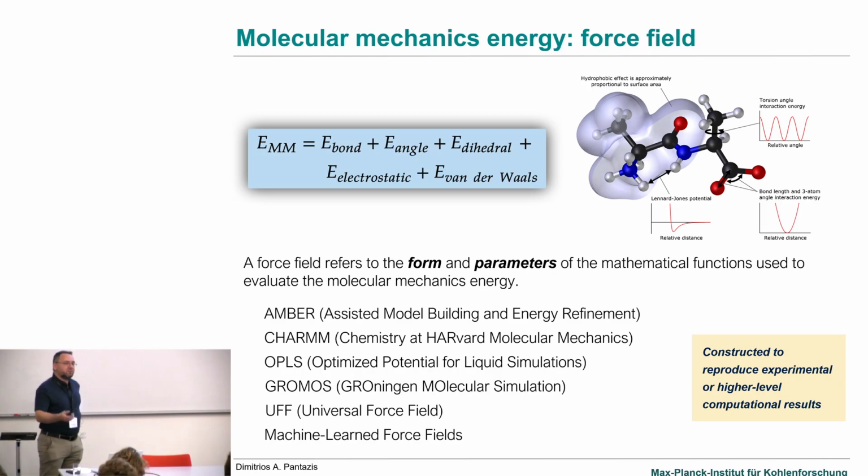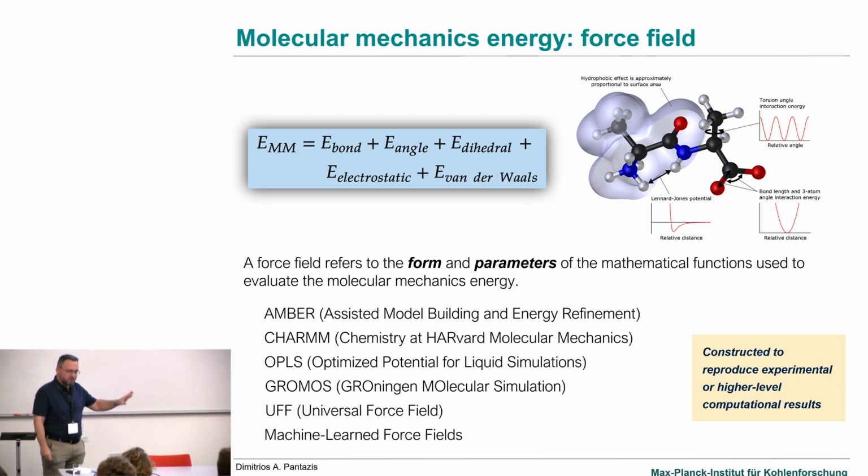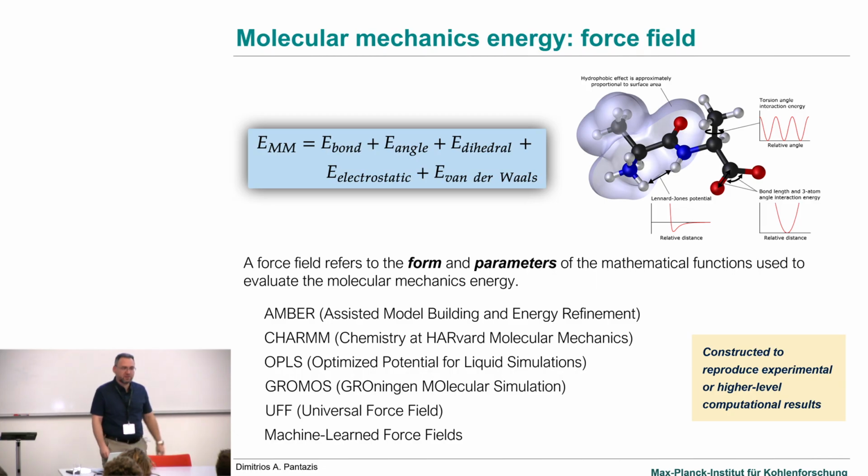So there are different types of force fields for different applications, for proteins, for lipids, for different solvents, whatever, and they're usually fitted or trained, as is more typically said today, on experimental or more often on computational results. So you may have a potential energy surface or whatever, and you use that to fit parameters.